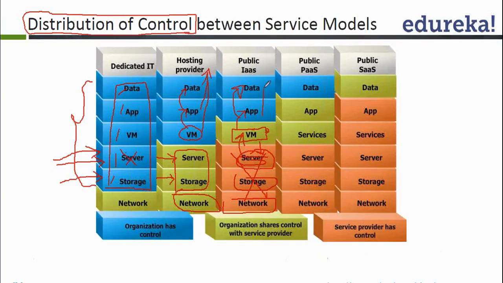But then whatever app you deploy, whatever data is being created would be completely your responsibility to manage. The cloud provider would not have any access over there. Amazon can never log into your instance and say, look into your data. They would never have access. They would just provide you this infrastructure. On top of that, whatever you do, Amazon would never know also.